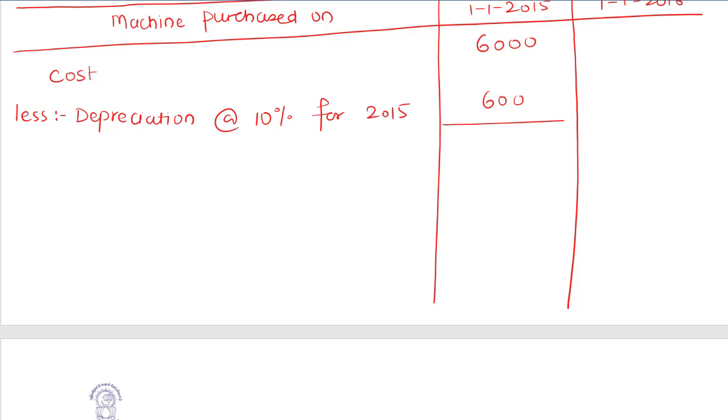It is 600. So 6,000 minus 600 is 5,400, written down value on 31st December 2015.